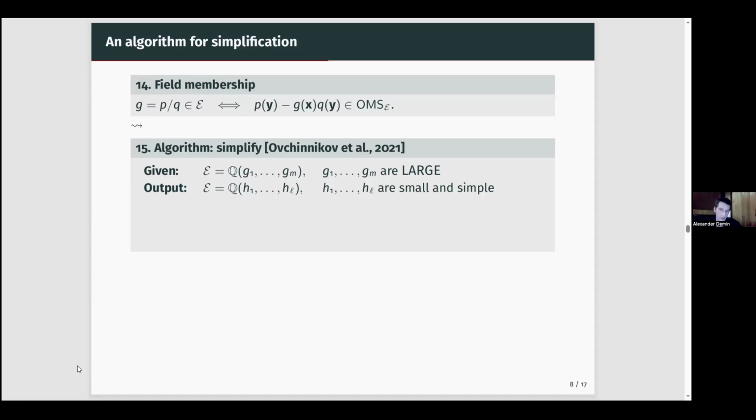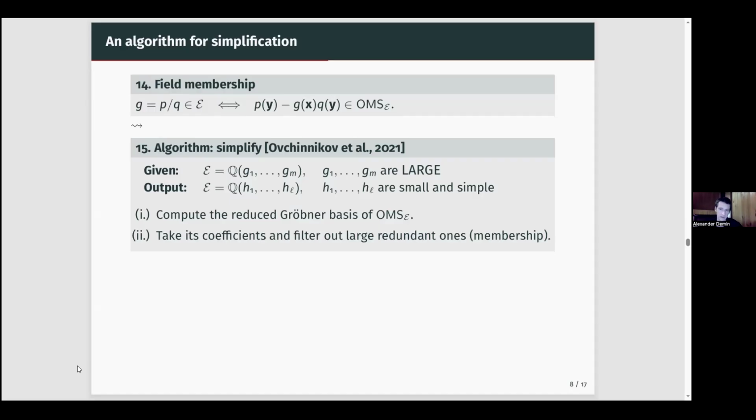And we will be using OMS ideals here. So we compute the reduced Gröbner basis and take its coefficients and use field membership to filter out all redundant ones. And by the practical observations that I noted before, this will produce usually generating sets that are much nicer than the original ones, if it's possible, of course.